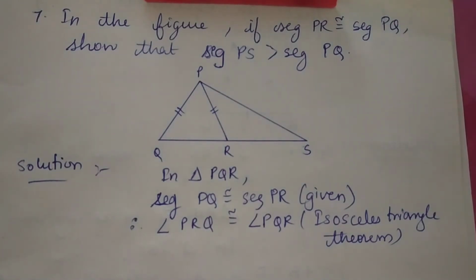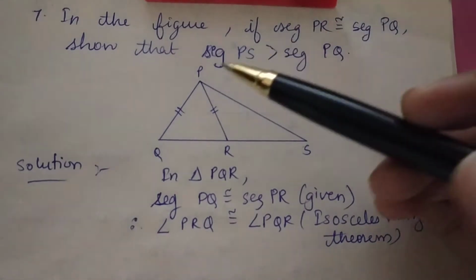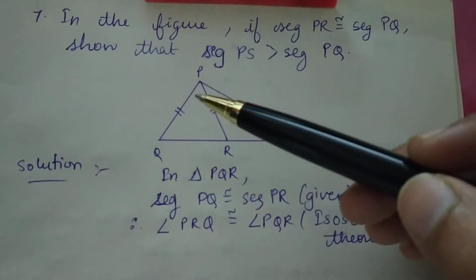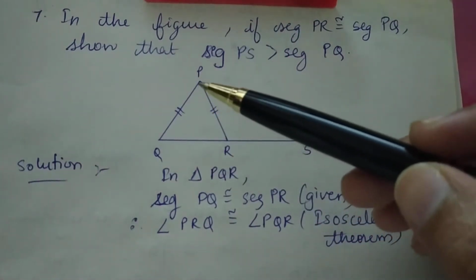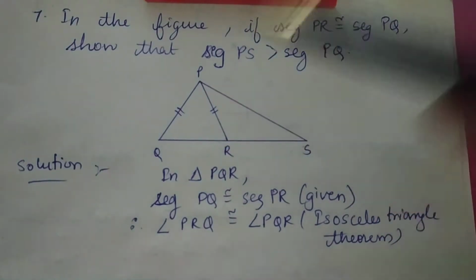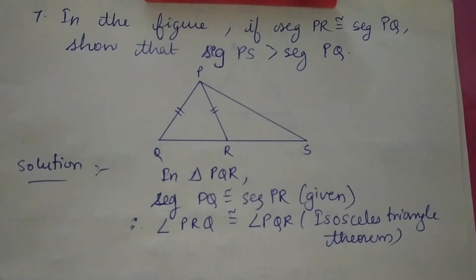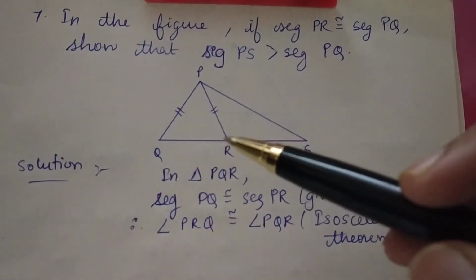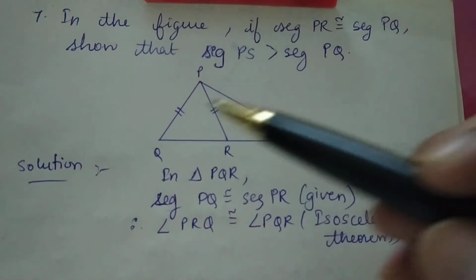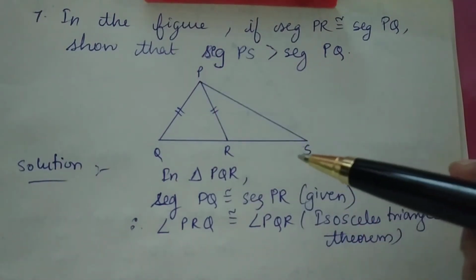And what does exterior angle say? Exterior angle says that angle PRQ is equal to the measure of angle RPS plus angle RSP. Yes, that is what our remote interior angle theorem says. Exterior angle property says that PRQ is equal to the sum of RPS and RSP.